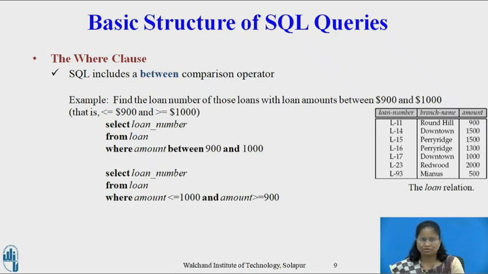Using the between operator, we can write this query as select loan-number from loan where amount between 900 and 1000, instead of the query using comparison operators: select loan-number from loan where amount less than or equal to 1000 and amount greater than or equal to 900. Similarly, we can use the not between comparison operator.